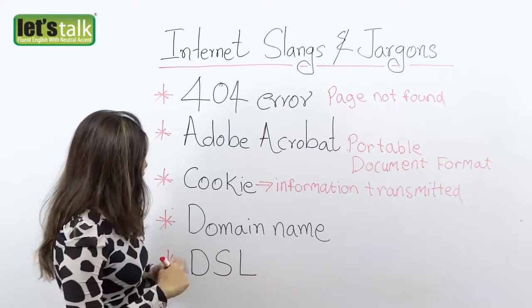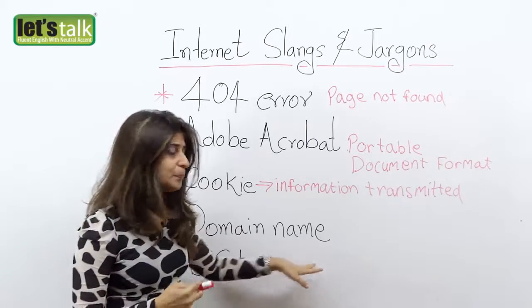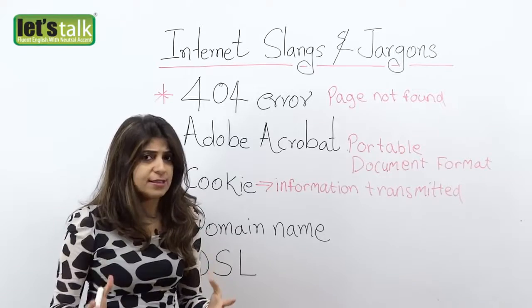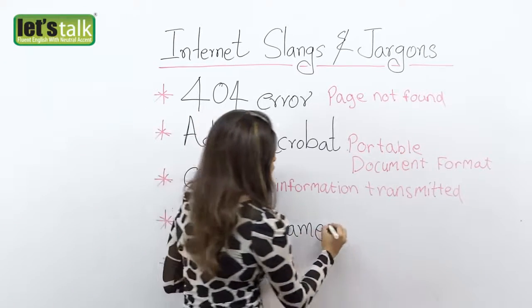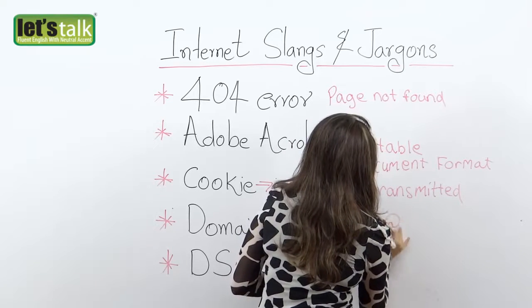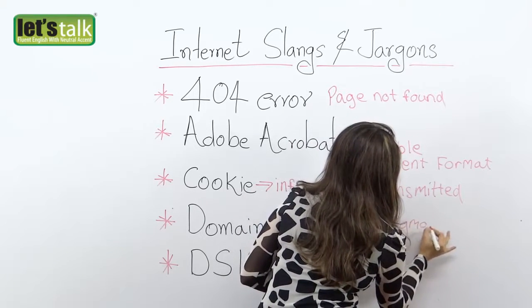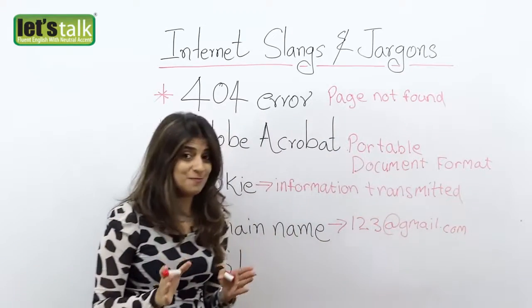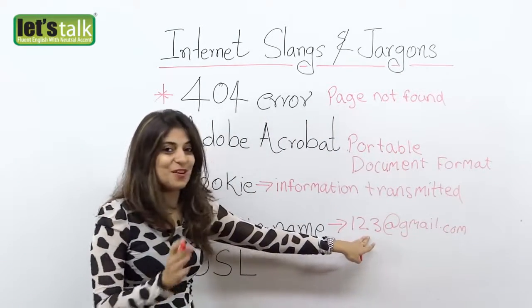Okay, then we have domain name. Domain name is like how you have your internet address, your email address. Okay, for example, 123@gmail.com. Now remember, this is just for an example.